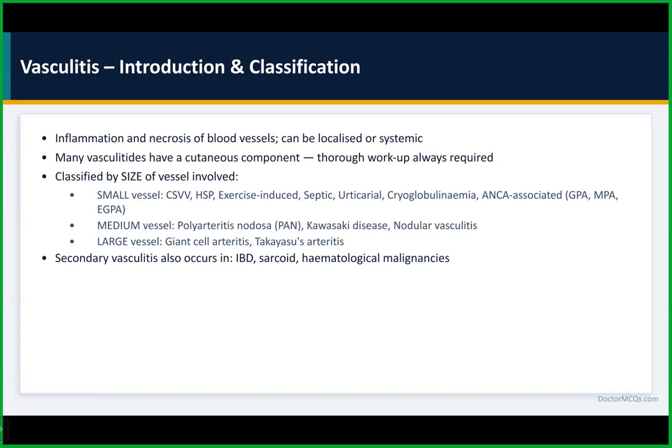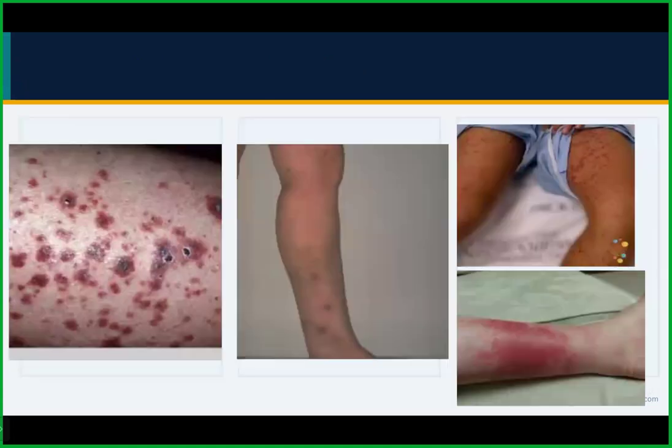There are some other conditions that have extra-intestinal manifestations like IBD, extra-respiratory like sarcoidosis, and some hematological malignancies are also associated with vasculitis.